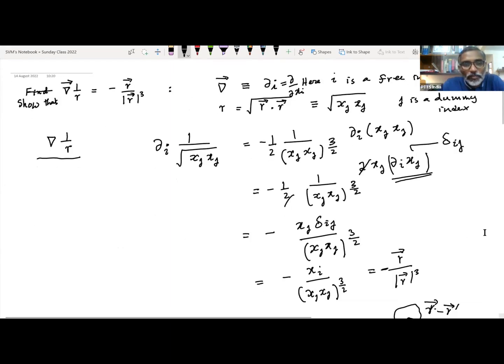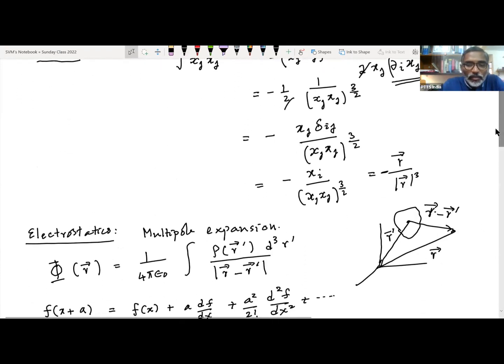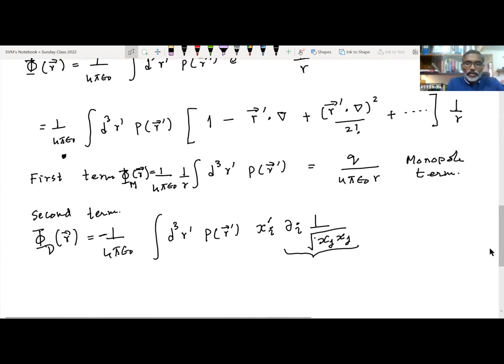So this is the problem: del i of 1 over square root of xj squared. And the result is something I already know, xi by r cube. So I will borrow this result, which I already wrote in this class.